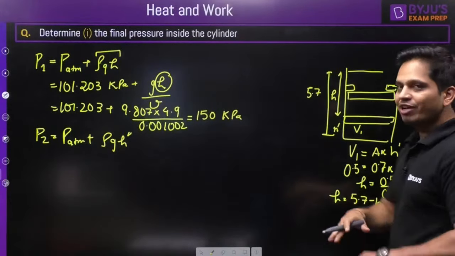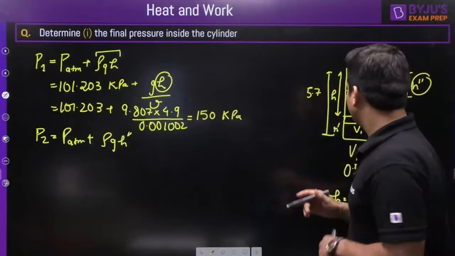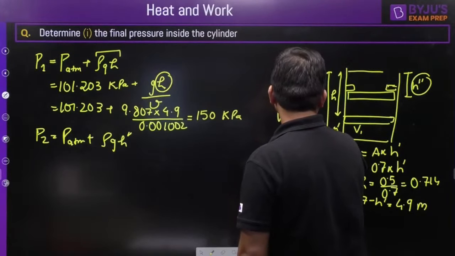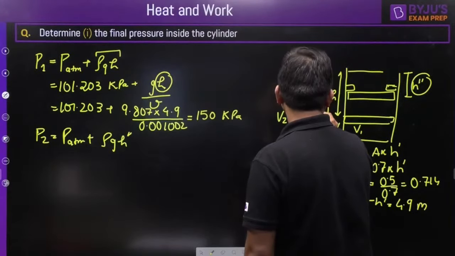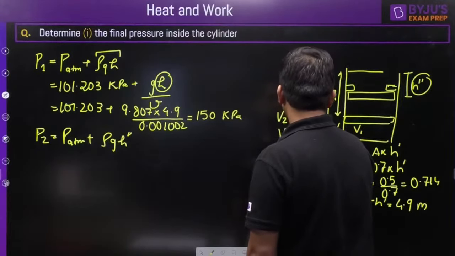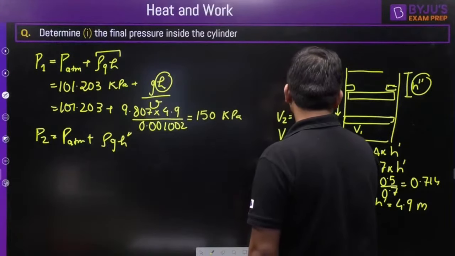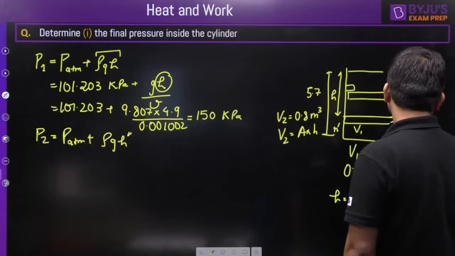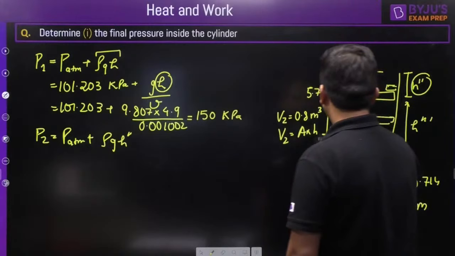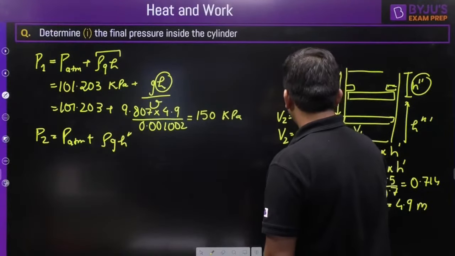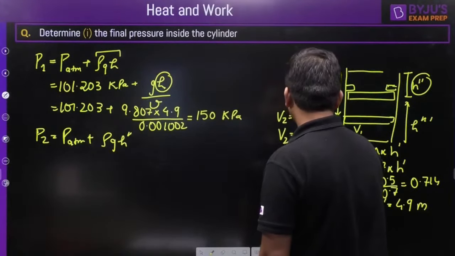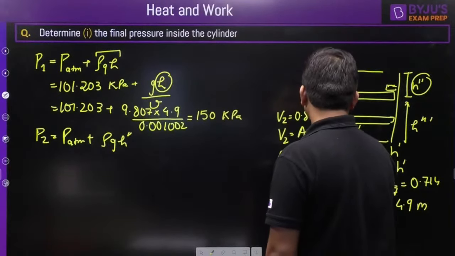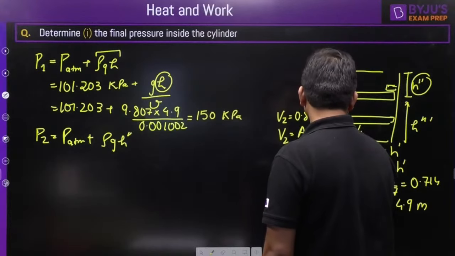Now they have given that when the piston touches the stoppers, the volume V2 is 0.8 meter cube. So V2 is equal to area into h triple dash, and I can find h triple dash is equal to V2, which is 0.8 upon 0.7.